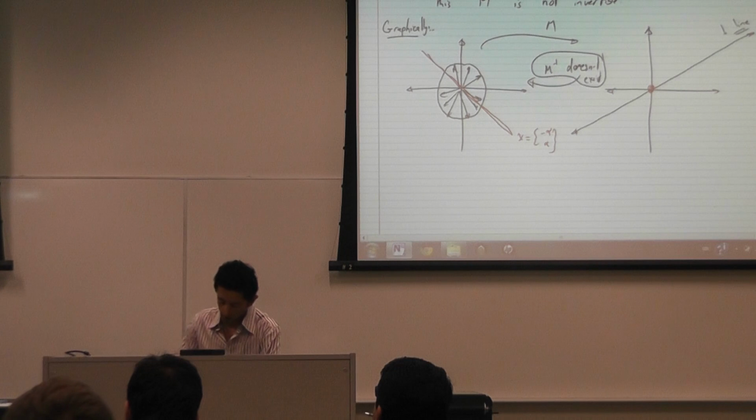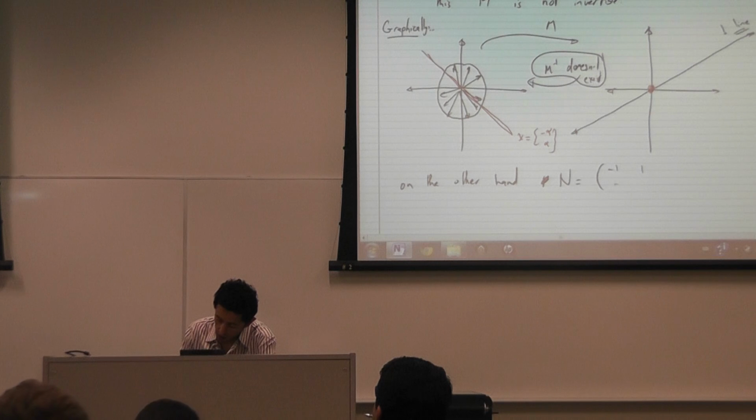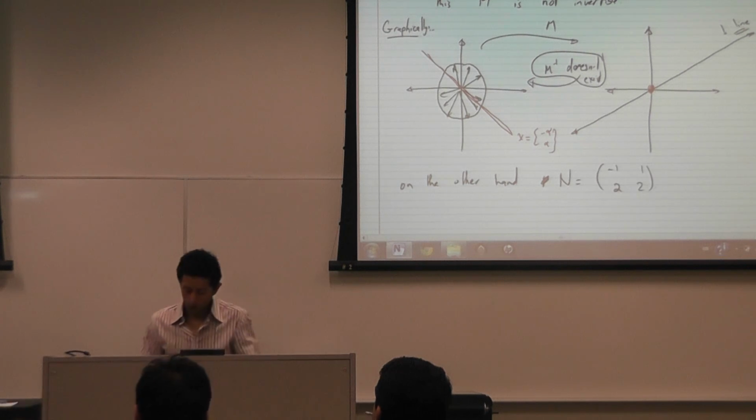And so M inverse does not exist. On the other hand, M, or let's call it the matrix N, which is equal to [[-1, 1], [2, 2]], is invertible.